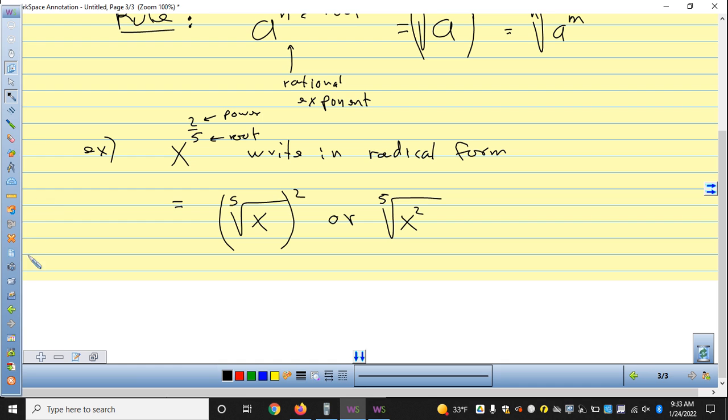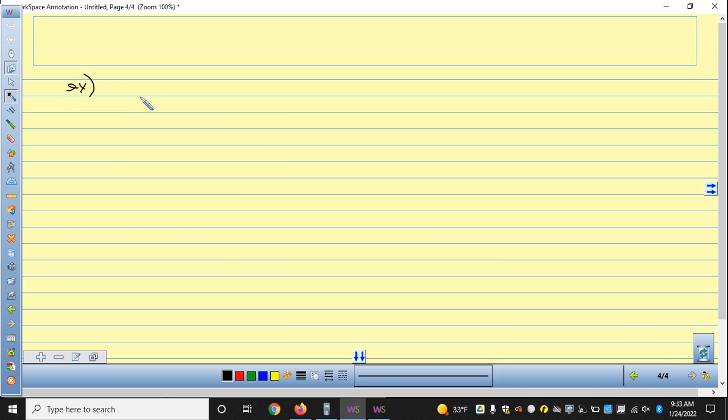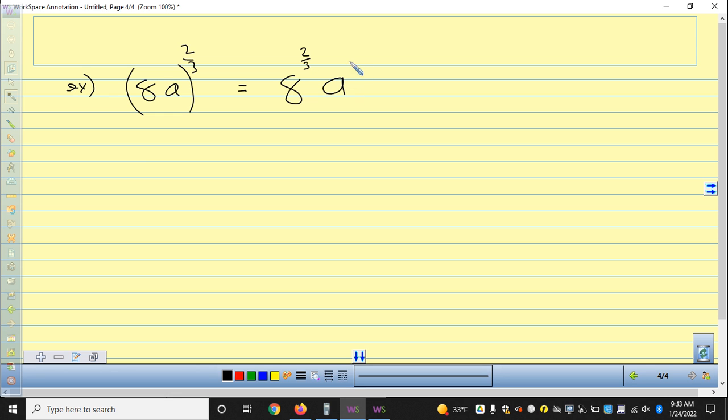All right, let's look at another one that has a little more going on. 8a to the 2/3. All right, so now we have a product and a power. So we have a rule about a product to a power. That rule tells us we raise everything to whatever this power is. So this is going to be 8 to the 2/3 times a to the 2/3.